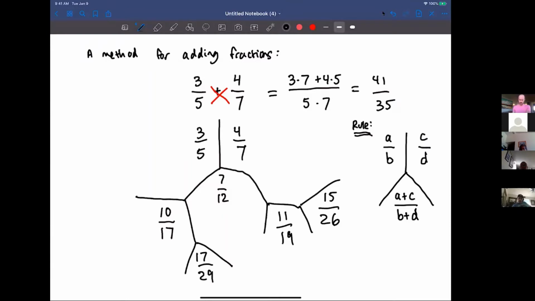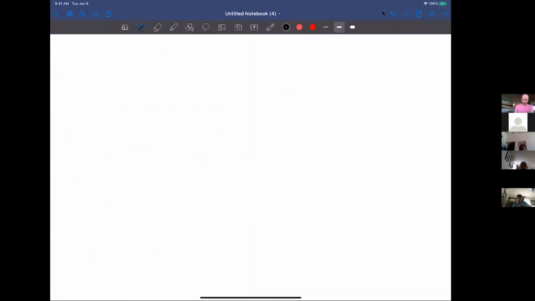And I want to start this process of adding from two very simple fractions. This is where our activity will begin. Let's begin with two very simple fractions, the arguably simplest fractions. The number 0, 0 over 1. And while we're breaking rules today, I'll make another fraction, 1 over 0.